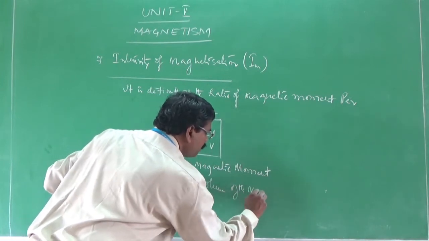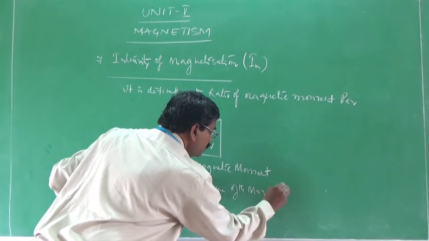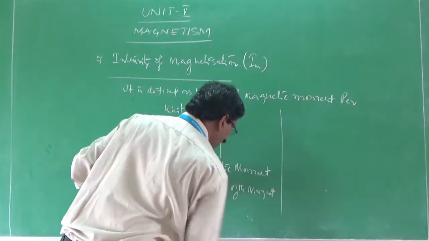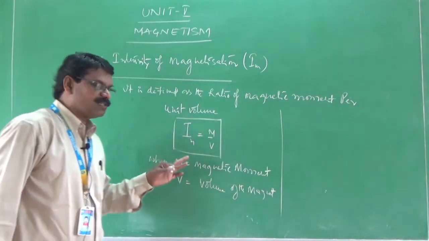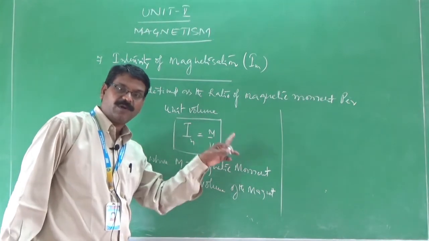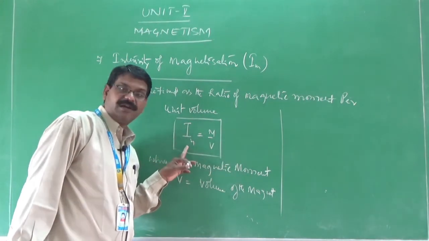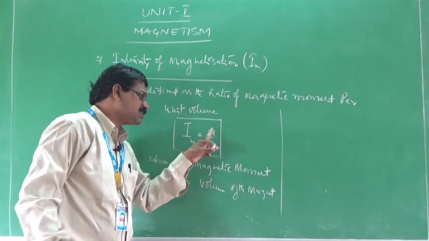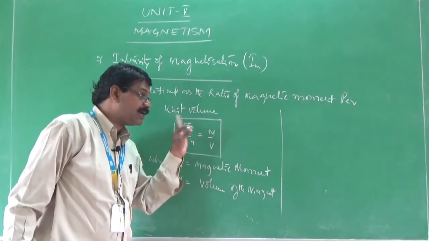Volume of the magnet. If we convert this into pole strength, the magnetic moment is the product of pole strength with the length of the magnet, and the volume is the area of the magnet with the length of the magnet. So how could we write this numerator term M and V? I can write it like this.